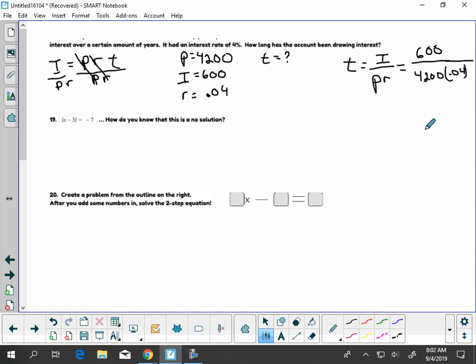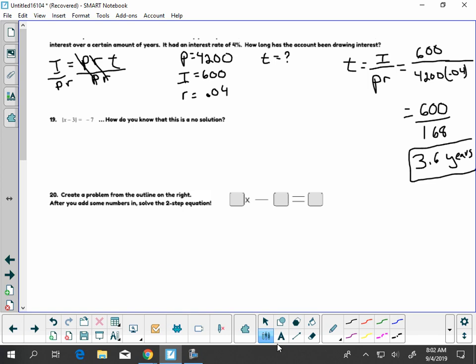So use your calculator. 4,200 times 0.04 gives me 168. So that's going to be 600 over 168. And I'm going to round it to one decimal. 3.6 years. And I always like to ask myself, does that seem reasonable? And it does.